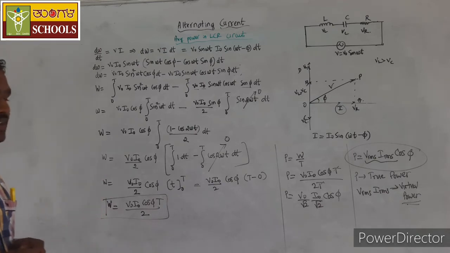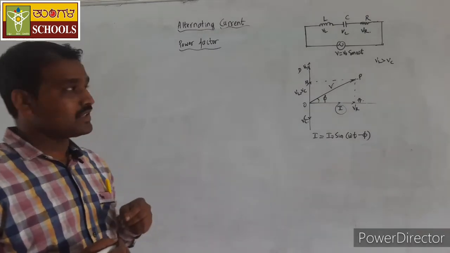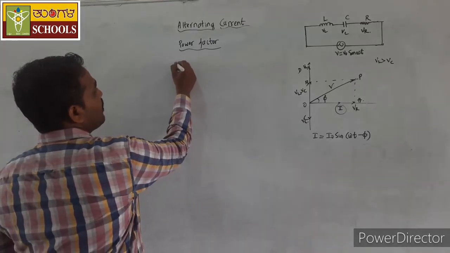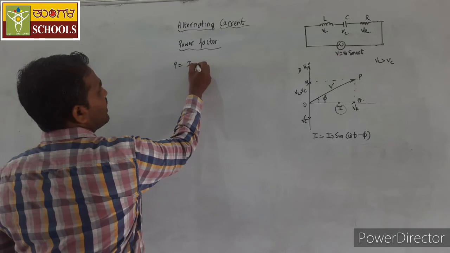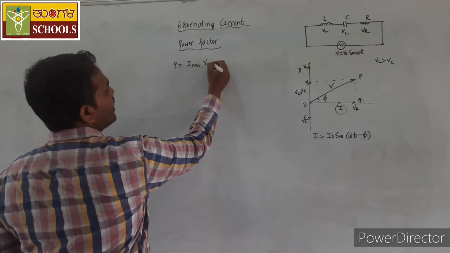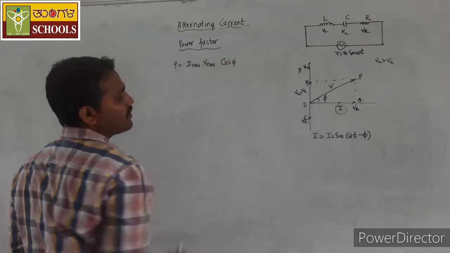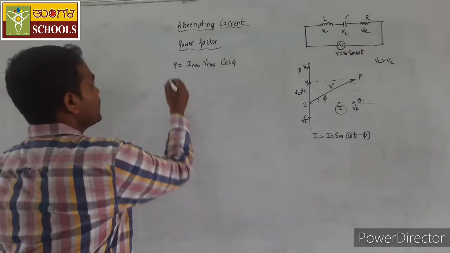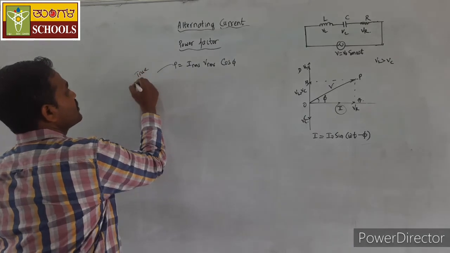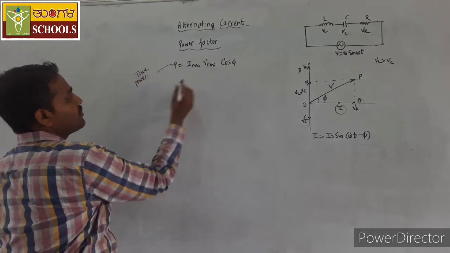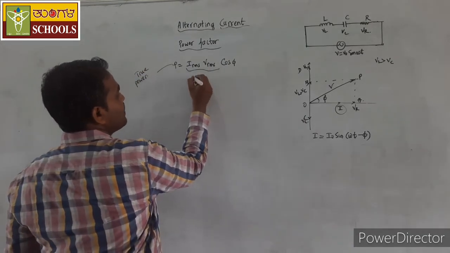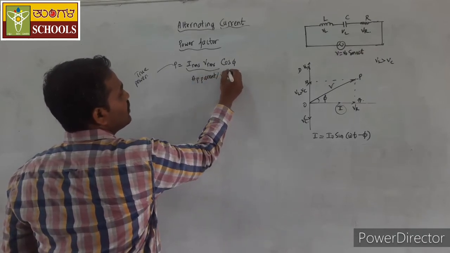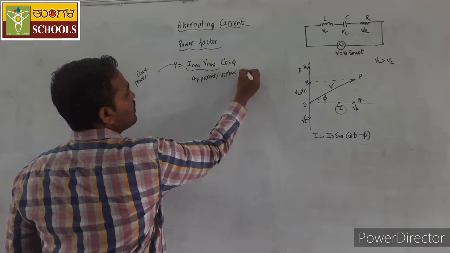Next we have power factor. We have seen for an LCR circuit, the power is given by I RMS into V RMS into cos phi. This complete value, that is power, is called the true power, and the product of I RMS into V RMS is called apparent power, or it is also called virtual power.